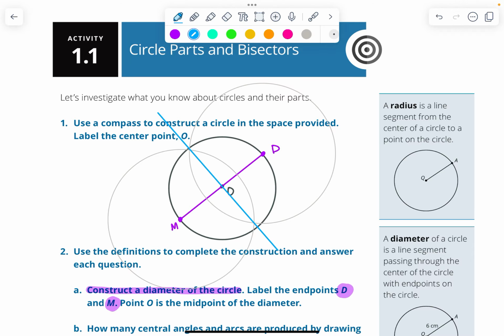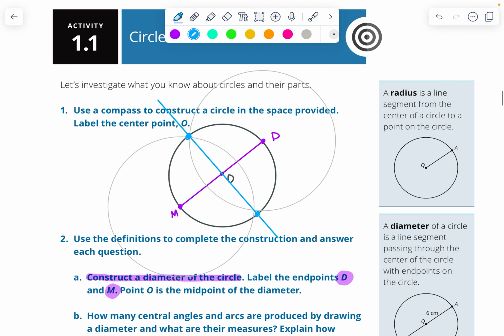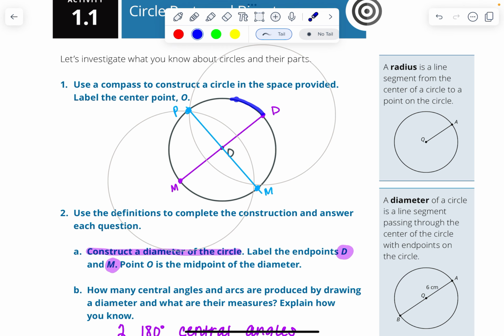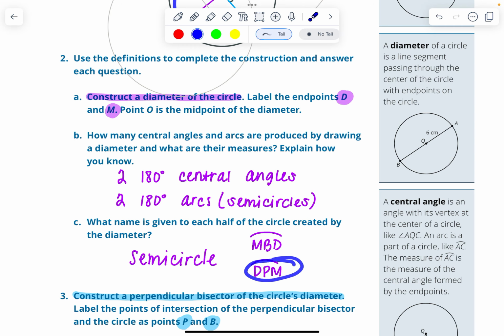Okay. All right, so that line is a perpendicular bisector of BD, and we're calling that PM. So I'm just going to erase the rest of it that we don't need, since it's supposed to be a diameter. And as you can see here, that semicircle from 2C, we're going to call this semicircle DPM right there.